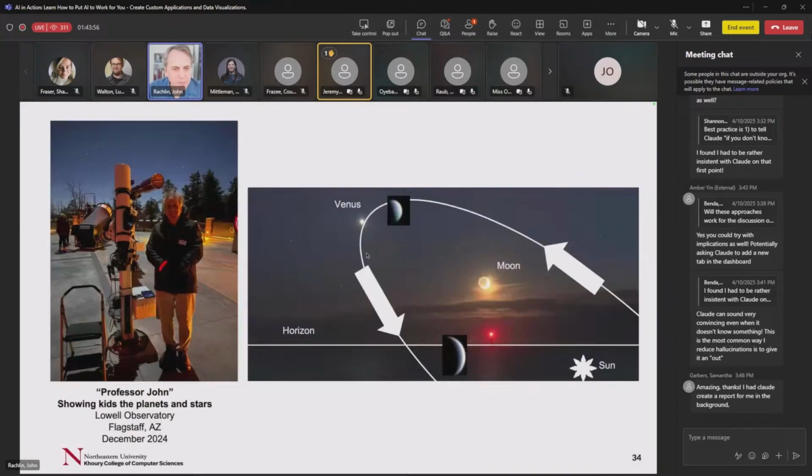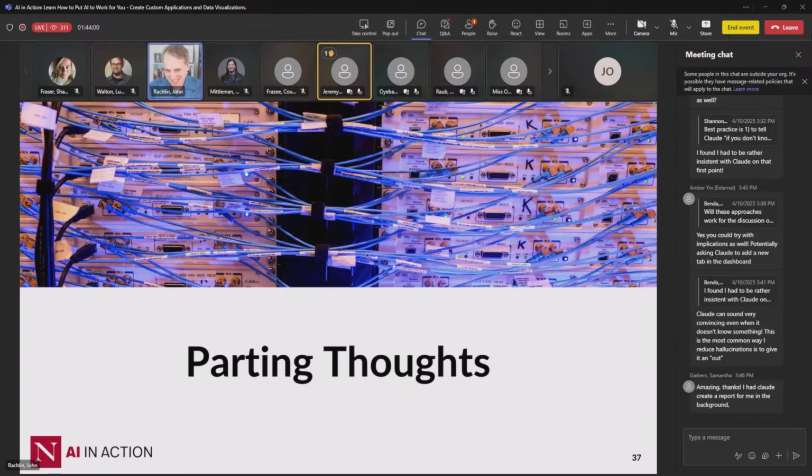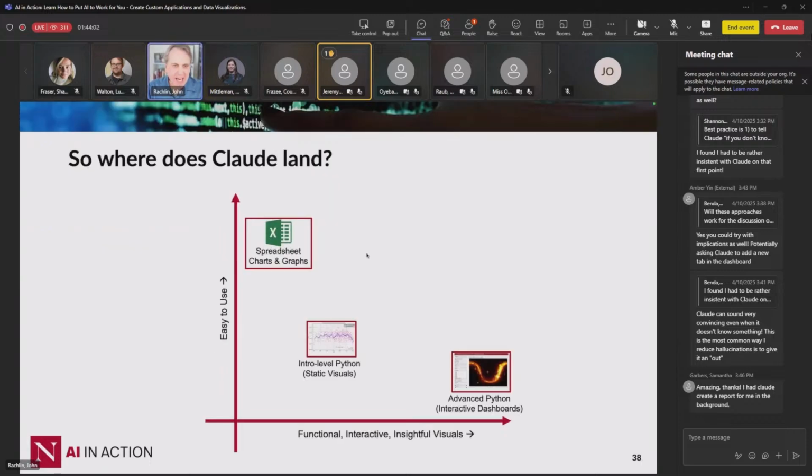Okay, so parting thoughts. And where does Claude land on this graph? Well, this is just my opinion, but I would put it probably about here, which is to say it's very hard to beat just talking to an AI to get it to write code.